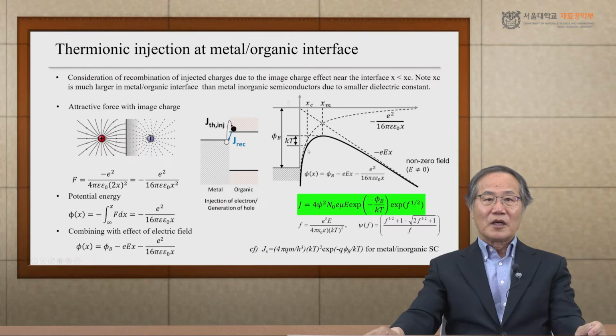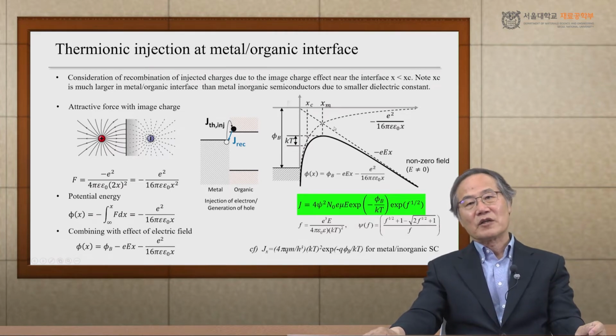In inorganic semiconductors the dielectric constant is large, so the potential is rather sharp and the peak position is very close to the interface, so charges easily tunnel through.